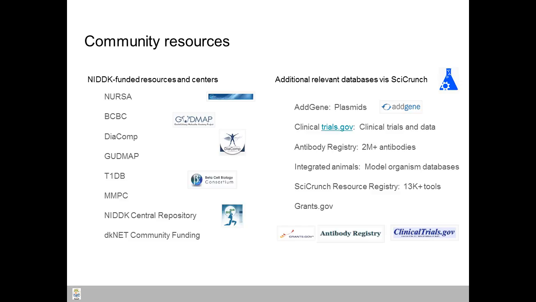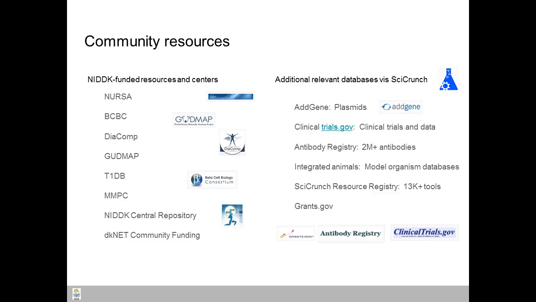As examples of community resources, in regard to NIDDK funded resources, there's a Nuclear Receptor Signaling Atlas, for example, GoodMap, a T1 database, the MMPC, a central repository from NIDDK itself.